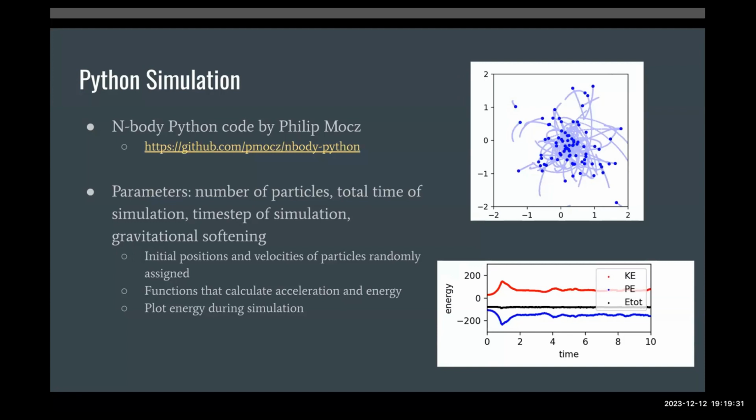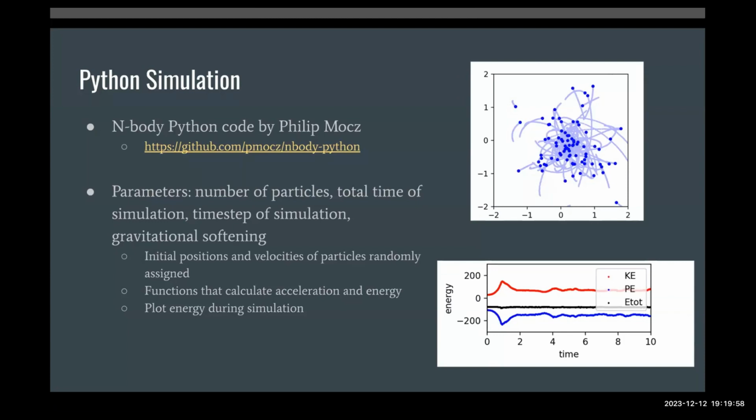And finally, we have something called gravitational softening, which makes calculations of gravity at small distances more accurate. Initially, all these particles are assigned random positions and velocities, and these positions and velocities are in the form of lists or vectors. And then in our code, we have two main functions.